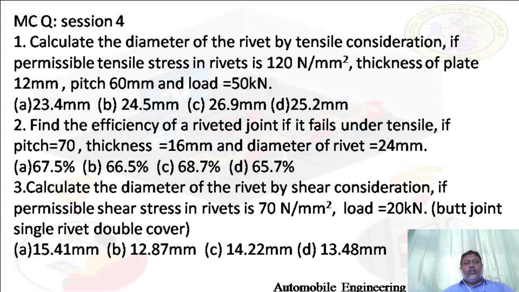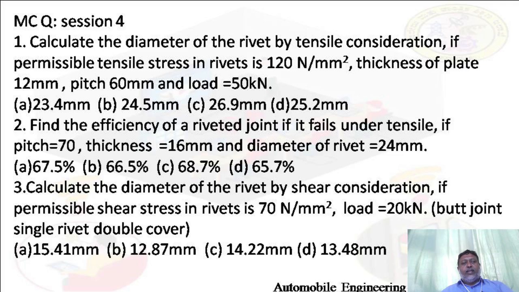After this, we will have some MCQs. This one is: calculate the diameter of the rivet by the tensile consideration, if the permissible tensile stress in the rivet is 120, thickness of the plate is 12, pitch is 60, and load is 50 kilonewton. You just go through the answers. The 4 answers are there.